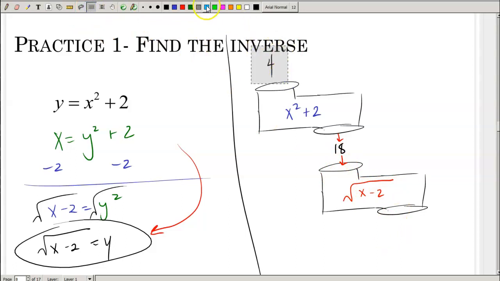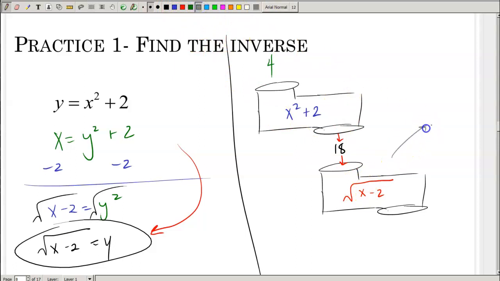So I take 4, plug it through the first function, and get 18. Now if I take 18 and run it through this so-called inverse, the square root of x minus 2, it should give me back 4, and it clearly does.